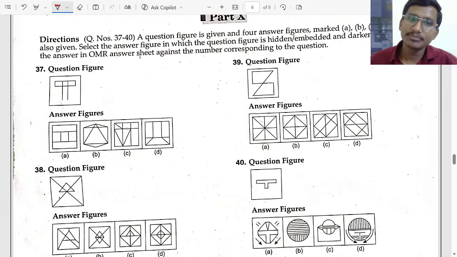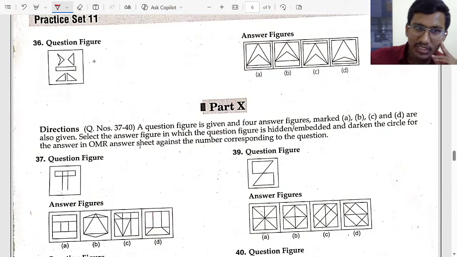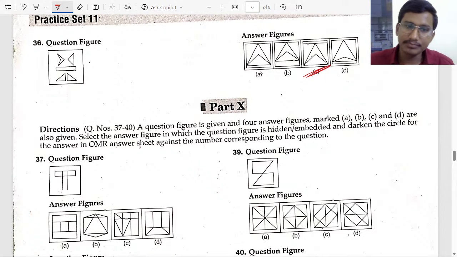So let us do the 36th. Okay, so if you join them, what will be the answer? So there are what? So answer will be option C, right? Very easy. So okay, option C or option A, what will be the answer?